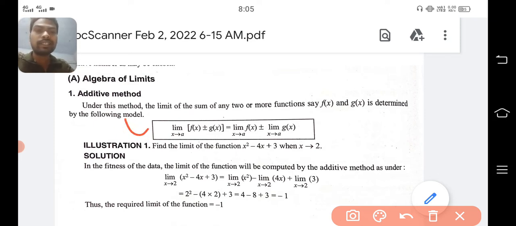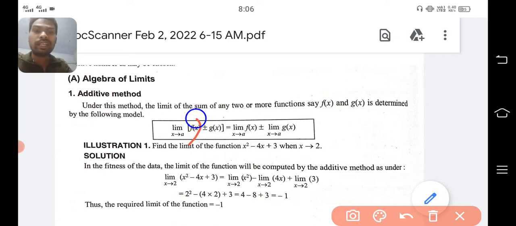Here it is stated that the limit as x tends to a of f(x) plus or minus g(x) in brackets is equal to the limit as x tends to a of f(x) plus or minus the limit as x tends to a of g(x). It simply says that there are two terms given, f(x) and g(x), and if you calculate the limit, we take the limit of each term separately.